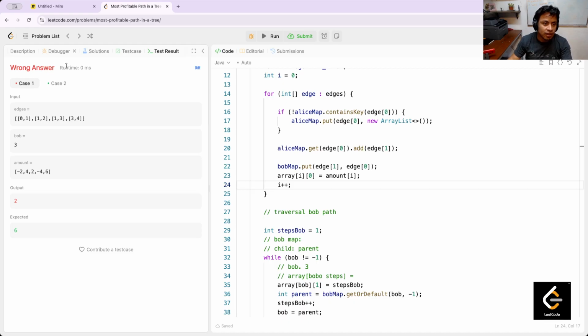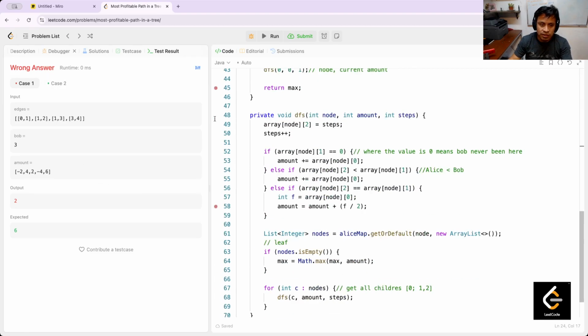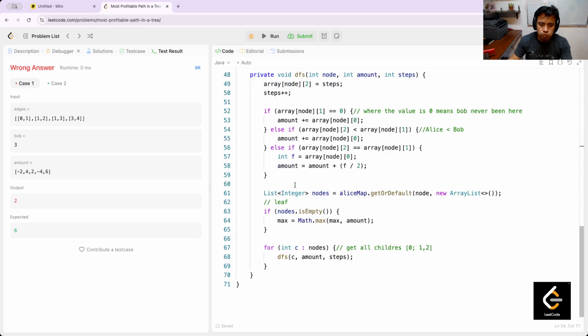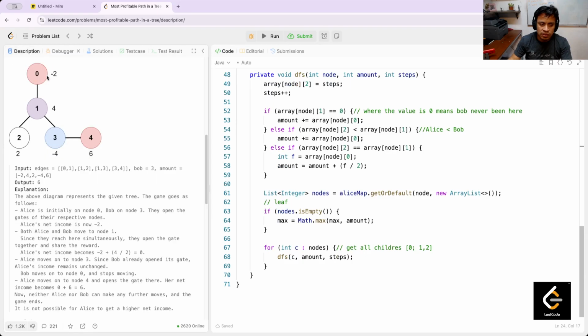At least I have a different result, that is 2. Now what is happening? I think that at this moment it calculates the value correctly. Why only 2? It's 2, 0, 2 is the maximum here. Now here it's 0, no, less 2, 0. Now here is less 4, but Alice is greater than Bob.